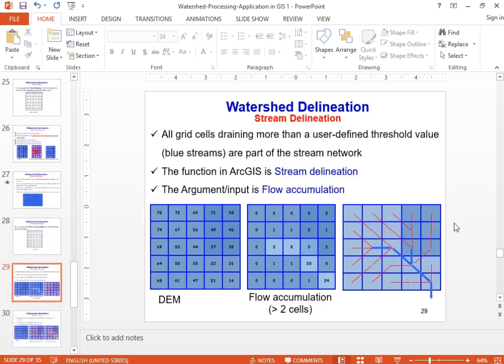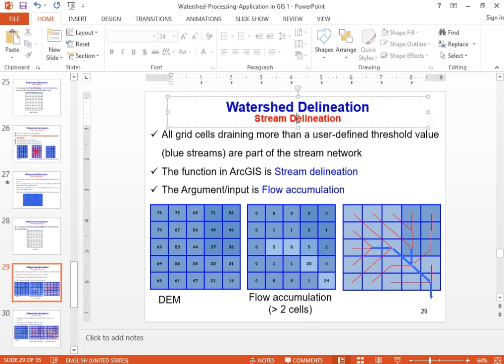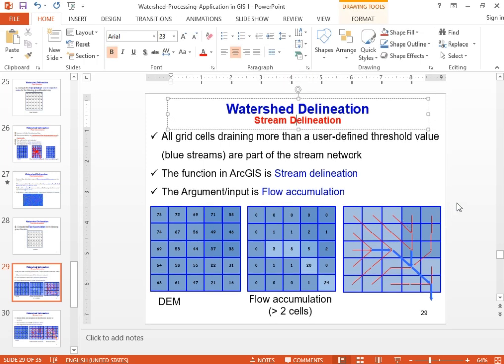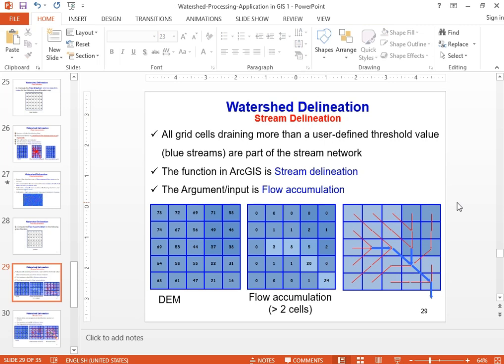Therefore, you have these stream delineations. You can delineate streams. All grid cells draining more than a user-defined threshold value, the blue streams, are part of the stream network.